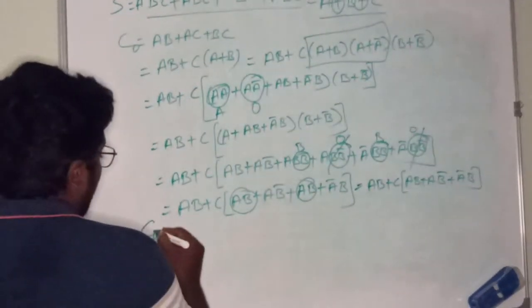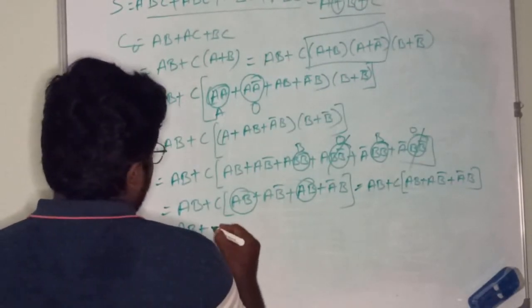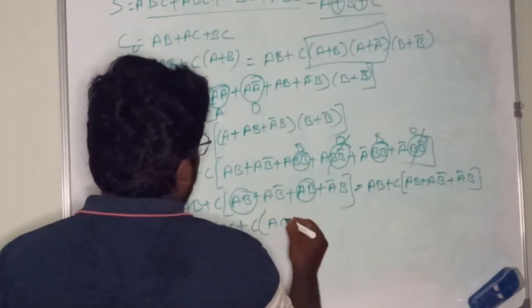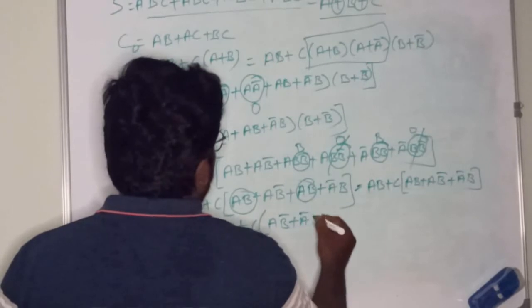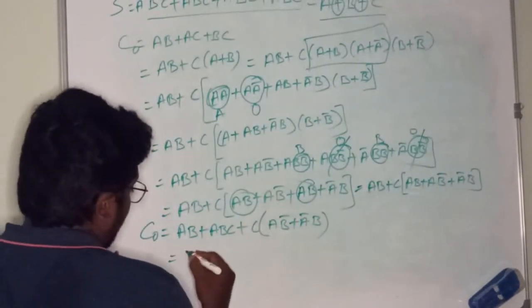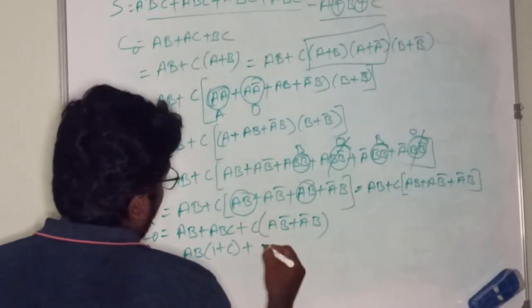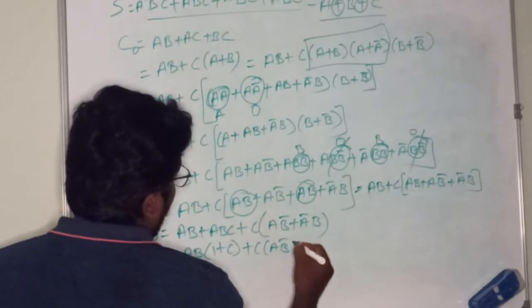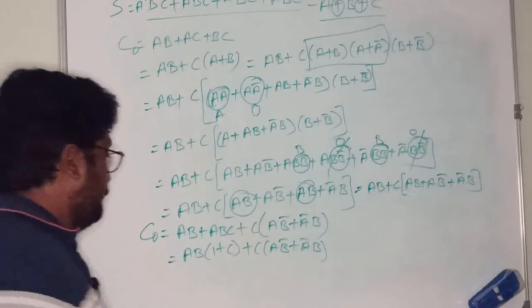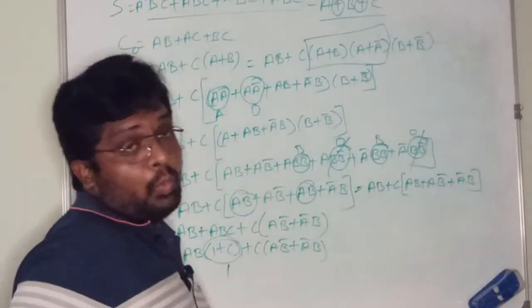So now C0 will become C0 is equal to AB plus ABC plus C into (AB complement plus A complement B). Now this is equal to, taking AB as common, AB into (1 plus C) plus C into (AB complement plus A complement B). So 1 plus C will become 1.